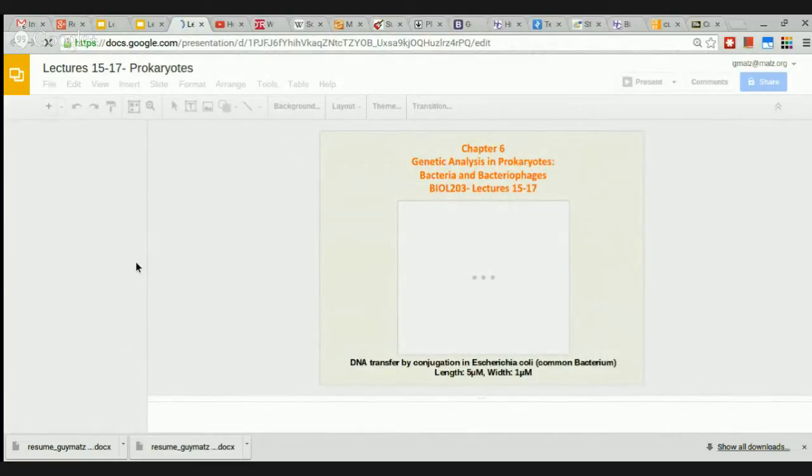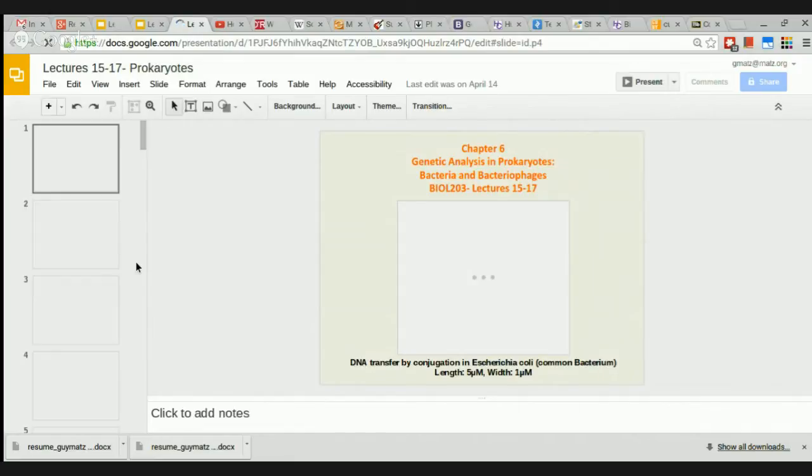So there are three things about conjugation: the genetic discovery and observation of conjugation, and then there's the mechanism of conjugation, and finally there's the use of conjugation as a genetic tool. Now, those are clearly the three boxes in this presentation.